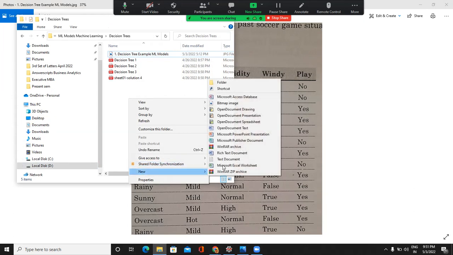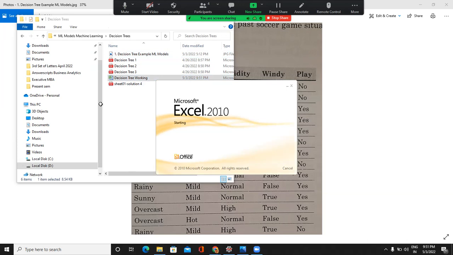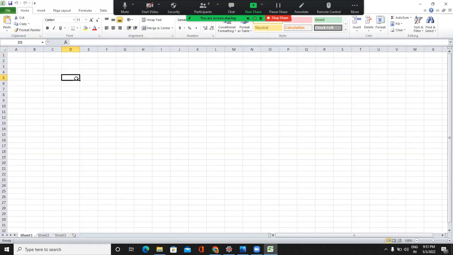Now, suppose given this data, we have a combination like this. I'm taking an example from a book.